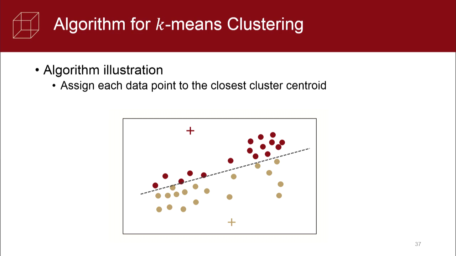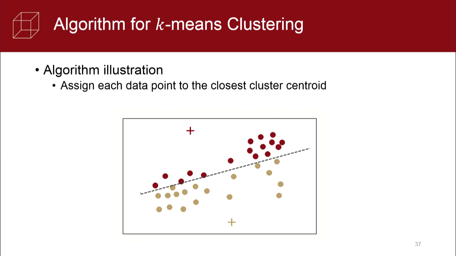In other words, we keep calculating the distance between the 2 centroids for every data point, and then assign the closest centroid. This is the outcome of that operation.